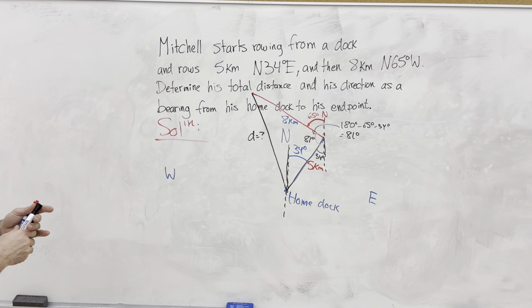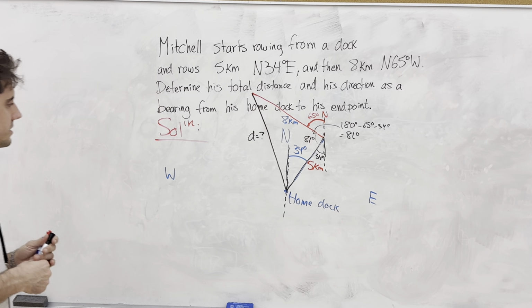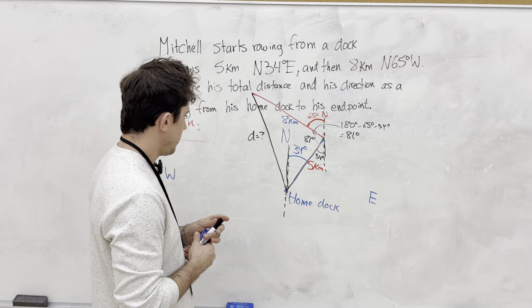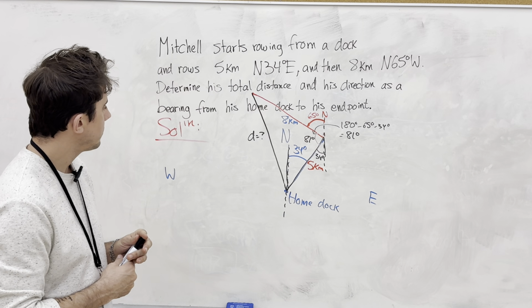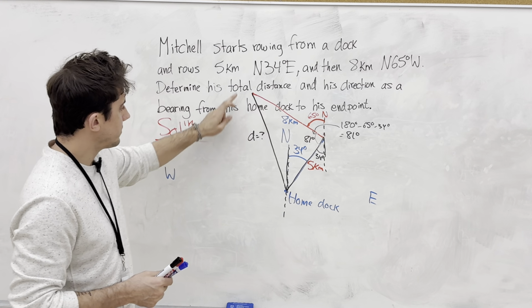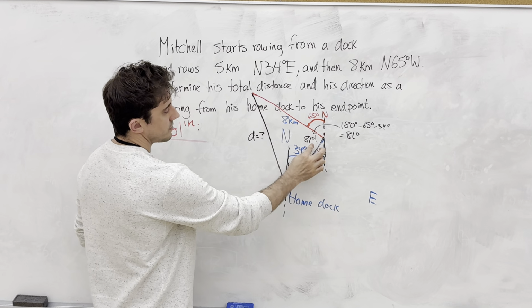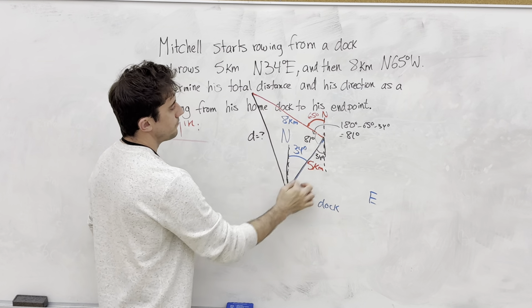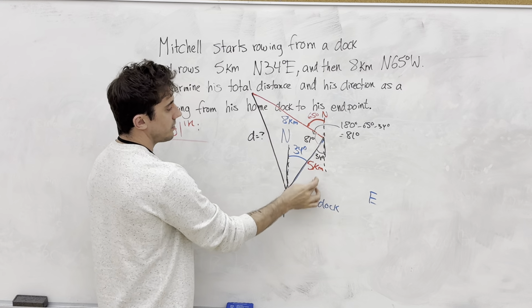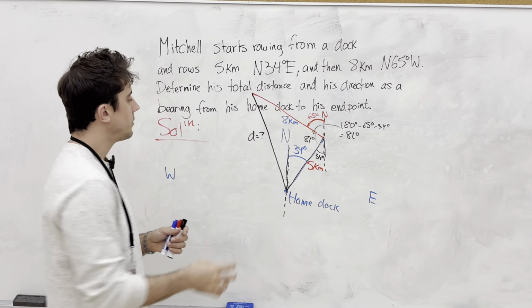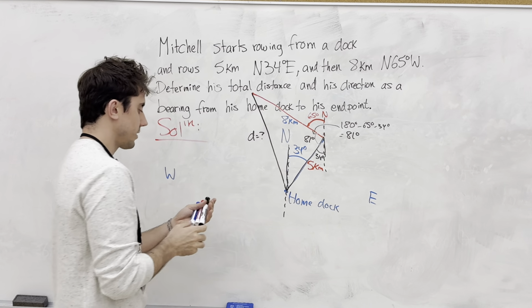Now, what else can we do? With this information, we can for sure find the distance, right? Because we have its opposite angle inside of a triangle, and we have the other two side lengths. And so with our cosine law, we can right away solve for D, right?